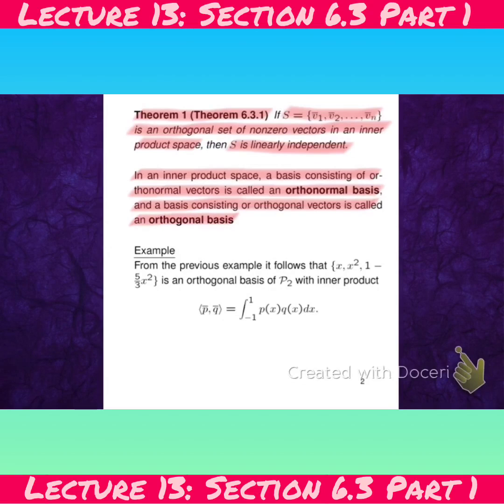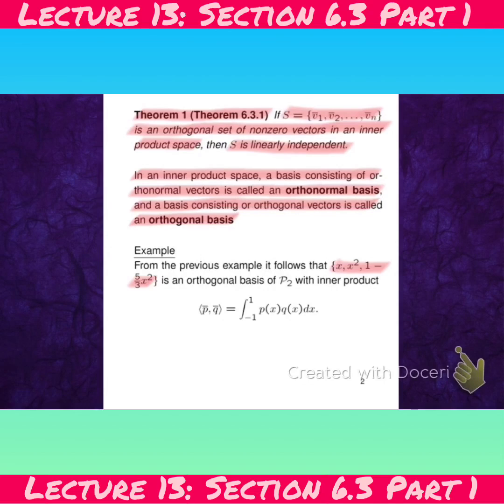Now if you go back to the previous example, we said that P2 is the set of all polynomials of degree at most 2. If we look at the previous example, that is a set of orthogonal vectors. We verified that.